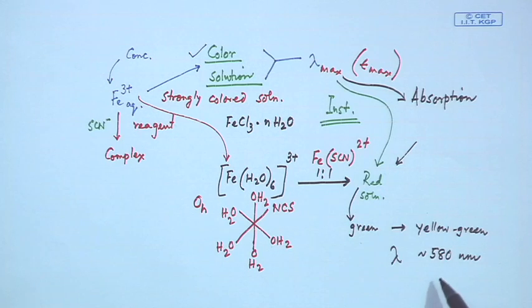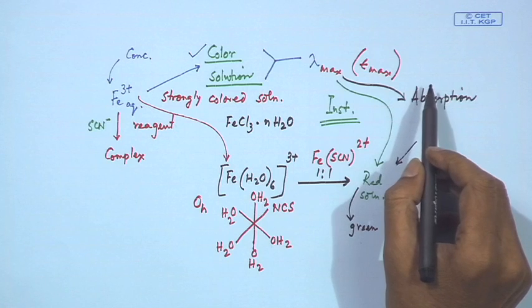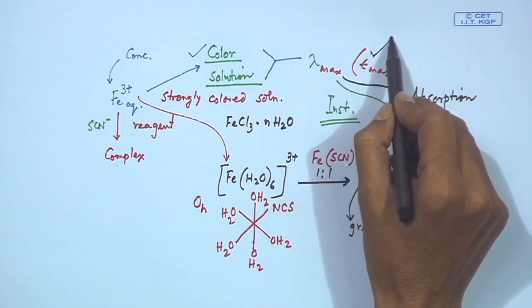You determine whether you have the corresponding absorption at 580 nanometer or not. You determine that absorption, and how much absorption takes place at that point is very simple to know, which is the corresponding lambda max value.